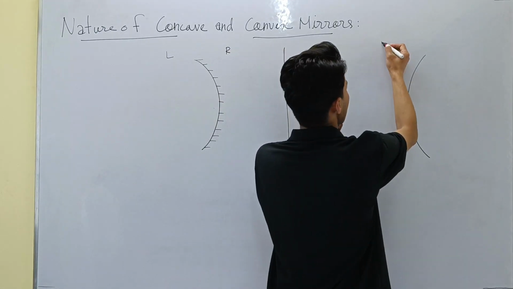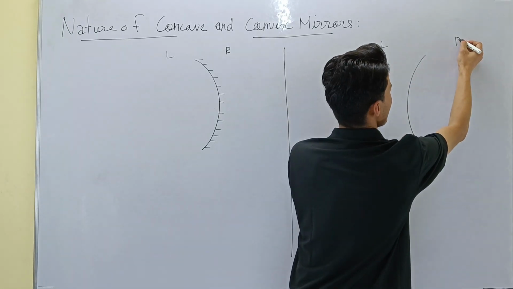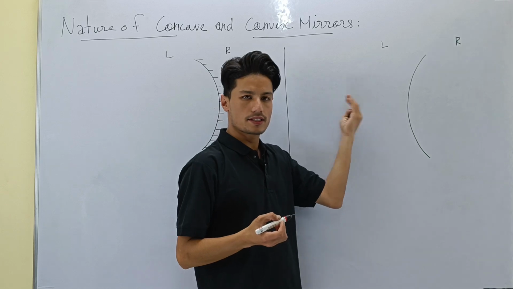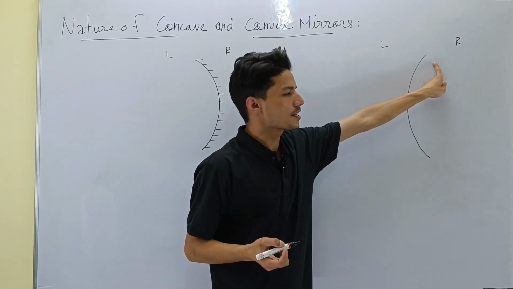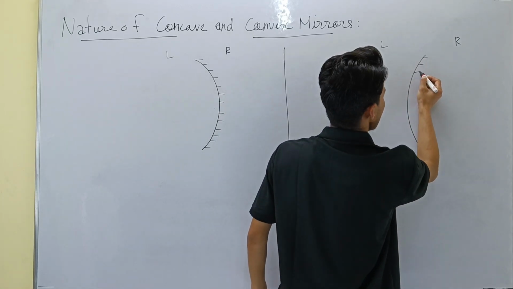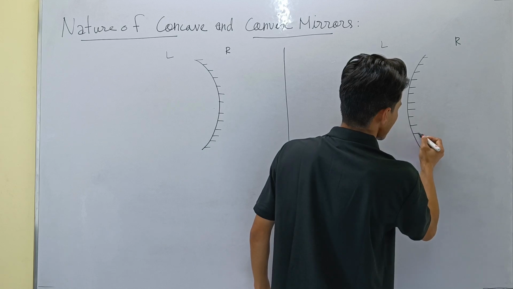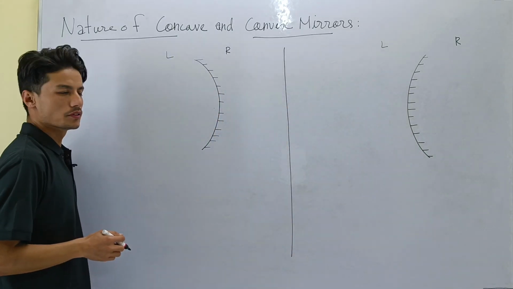So this side is the left side, your left hand, and this is the right side, your right hand. Now the left side is the polished, reflecting surface. So the right side will be the back side. So let us indicate the back side, the non-reflecting side, by drawing this. So we are done. Now what are we going to do?